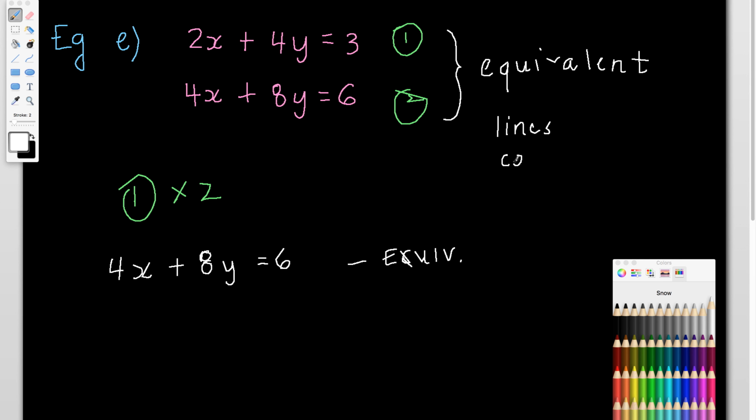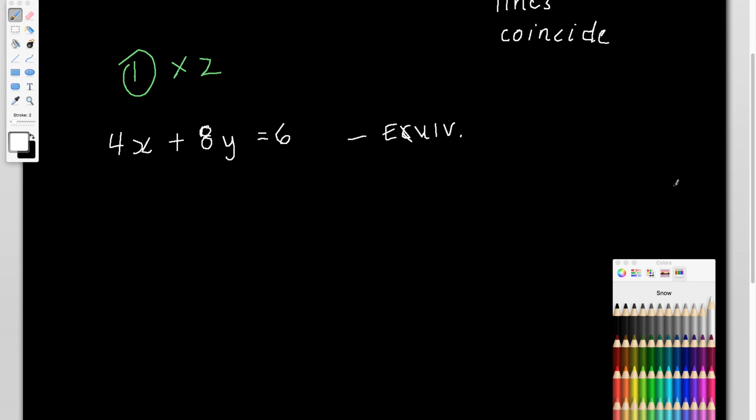So if I find the x and y intercept of each of these, what I should find is they are identical. I'm not going to do that right now, but you could pause this and check it out. If these are the same lines, they have exactly the same intercepts.